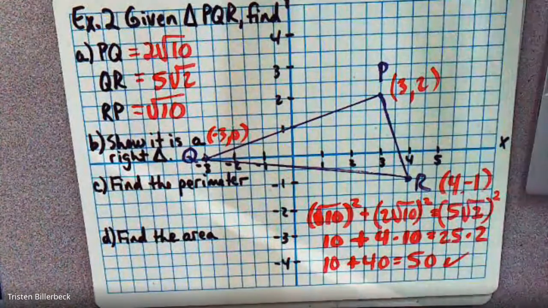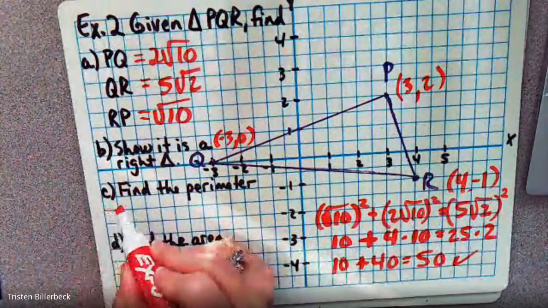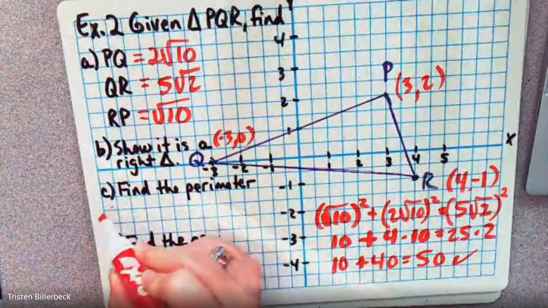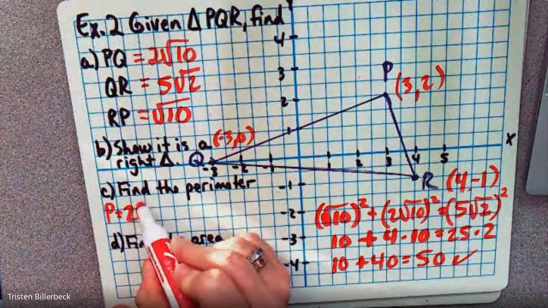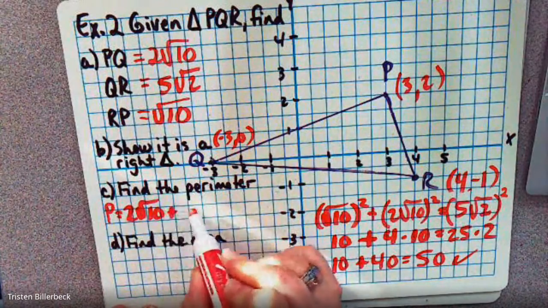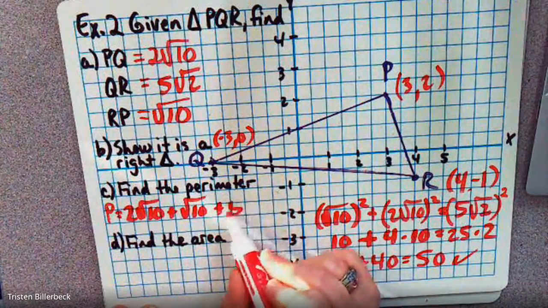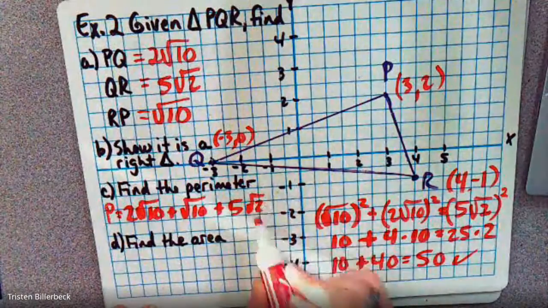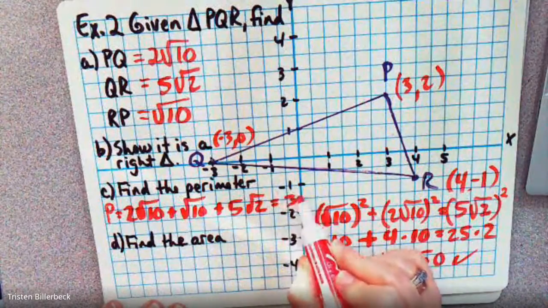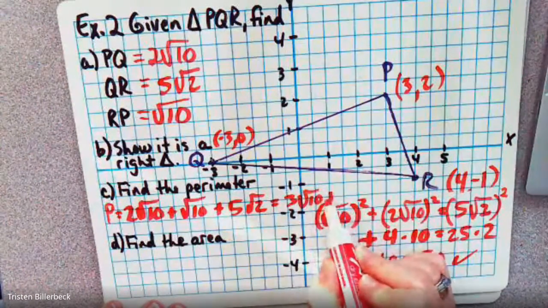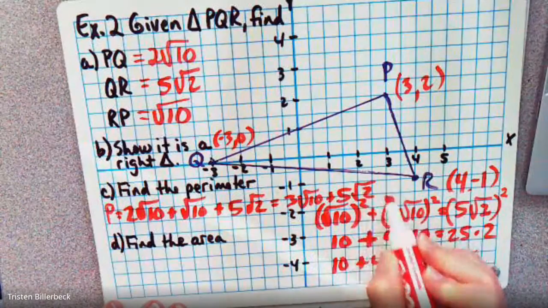All right. So find the perimeter. Well, the perimeter, we add everything up. So perimeter equals 2 radical 10 plus radical 10 plus 5 radical 2, which can be simplified to 3 radical 10 plus 5 radical 2.